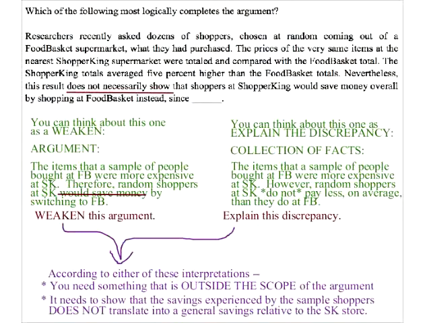So in this case, people saying it's weaken, people saying it's explain the discrepancy, you guys are basically both right. But in either of these cases, the ultimate interpretation should be that we're looking for this kind of thing. Smiley face if you understand this.